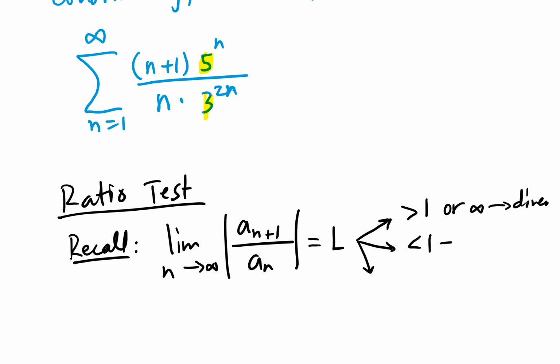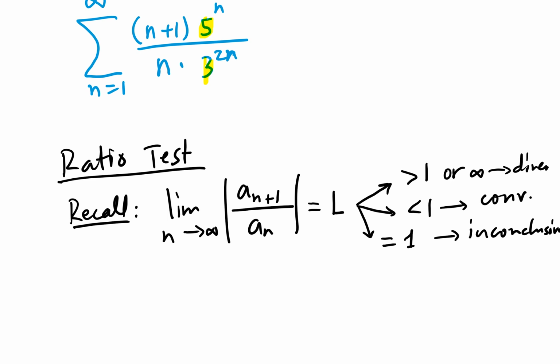If it's less than 1, it converges. If it's equal to 1, inconclusive. Inconclusive means we cannot conclude anything about whether it converges or diverges. In this case, we have to try a different test.